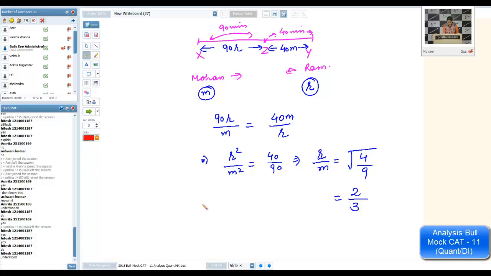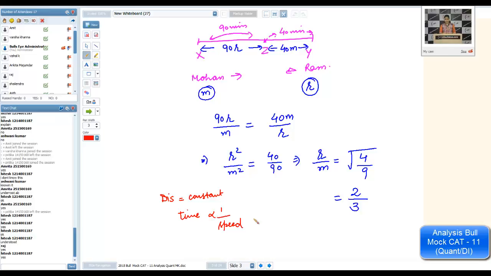Now, can I say whenever distance is constant, time and speed are inversely proportional? Can I say this? Whenever distance is constant, time and speed are inversely proportional. As we know the speeds' ratio, it will be 2 by 3.